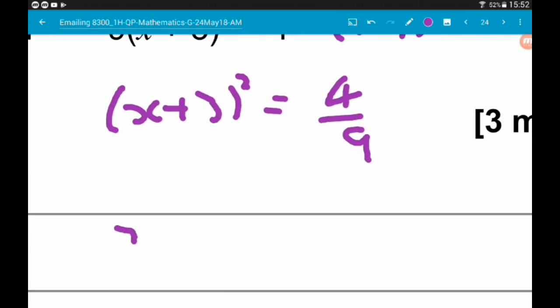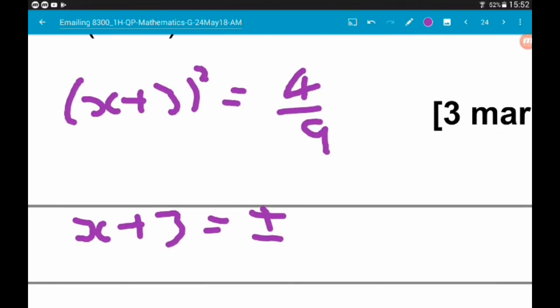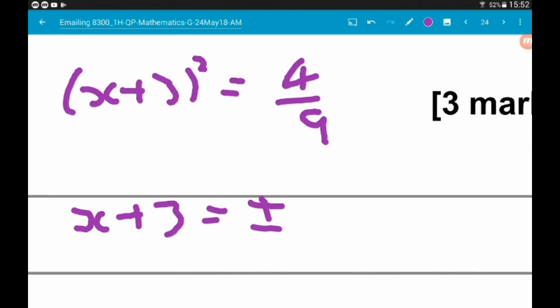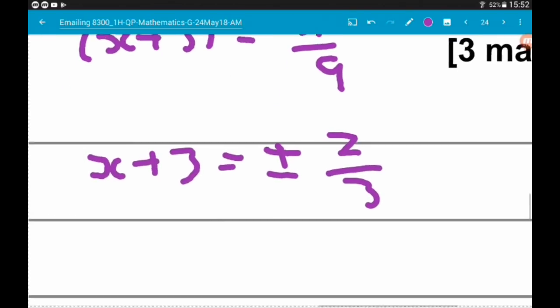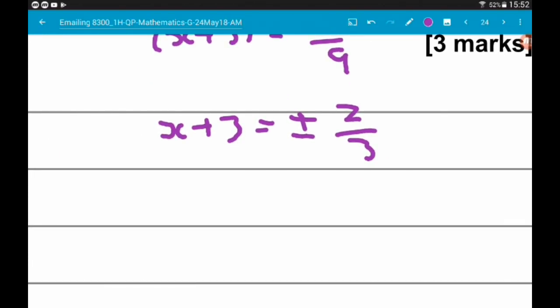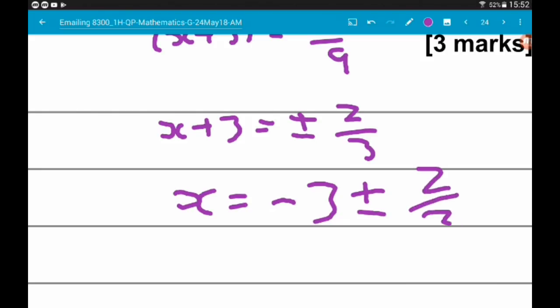So we're going to get x plus 3 is equal to plus or minus, that's important. When you square root, you do get positive and negative. The square root of this fraction is the square root of the top over the square root of the bottom. So that's going to give us 2 over 3, and then we're going to subtract the 3. So x is minus 3 plus or minus 2 thirds.